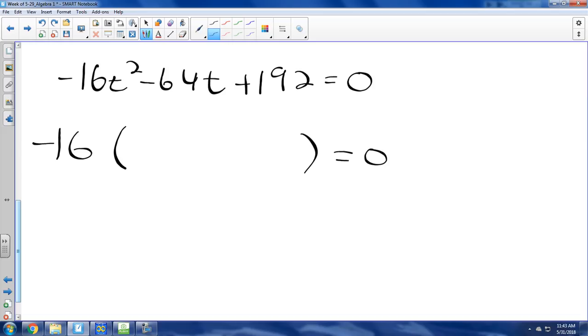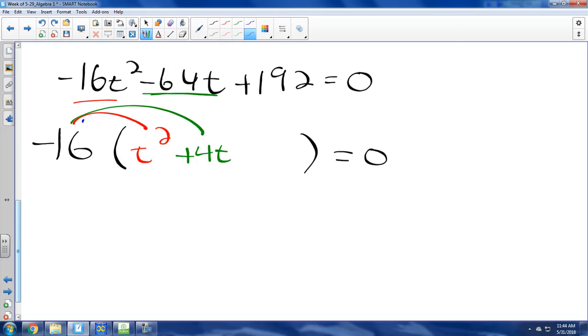So notice that when we do this, we're doing reverse distributive. What needs to be there? T squared. Okay, great. What needs to be here? Well, it's 16 times something to get 64. 4, so plus 4t.